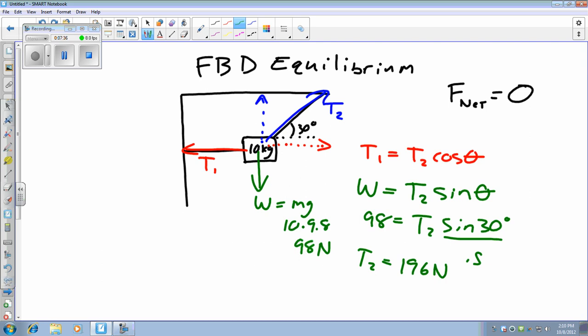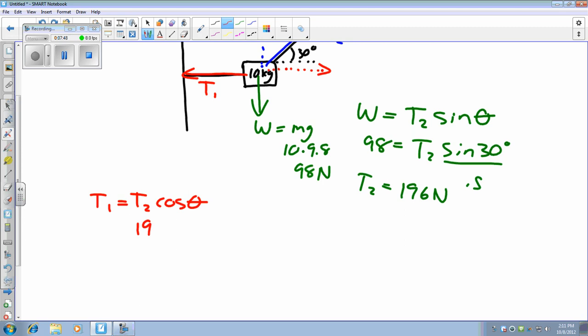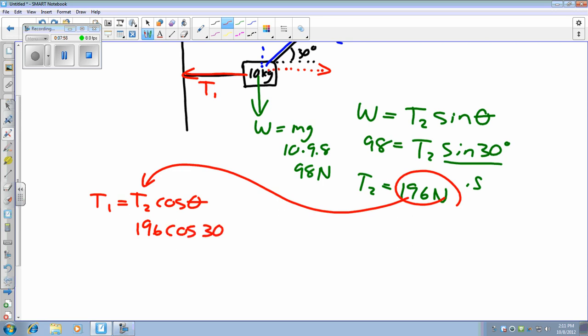Well, then you come over here, and by over here, I mean T1. I know that T2 is 196 newtons because of this. And I know the cosine of 30 degrees, what is it, square root of 3 over 2? Your calculator should be able to tell you something about this.